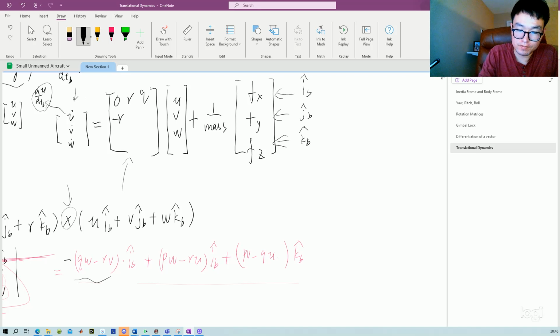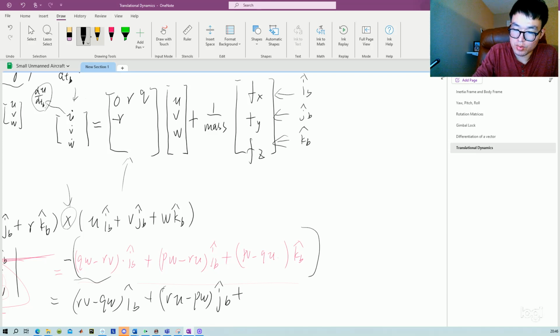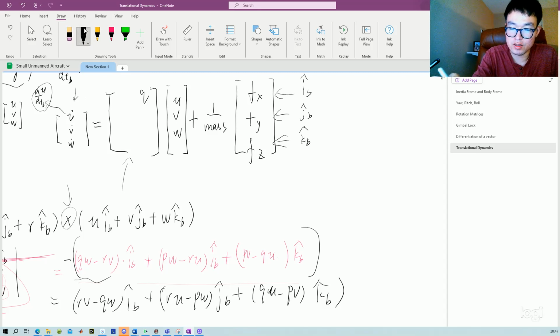Let me make this RV minus QW, times iB hat, plus RU minus PW times jB hat, plus QU minus PV times kB hat.